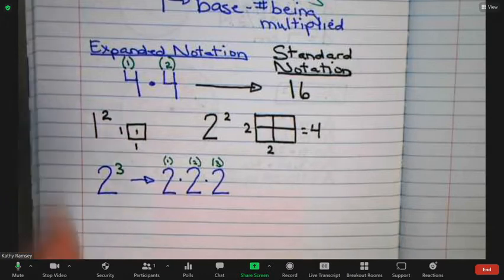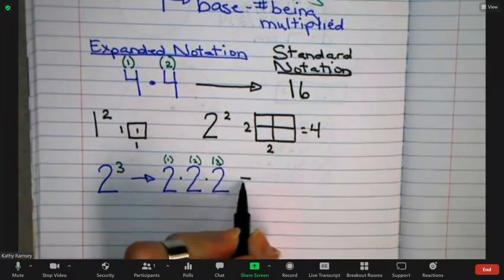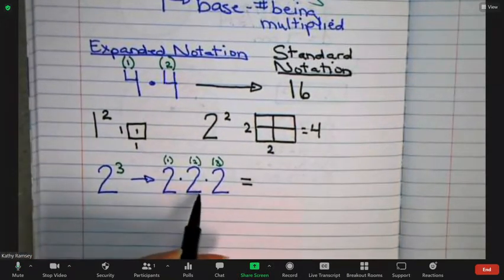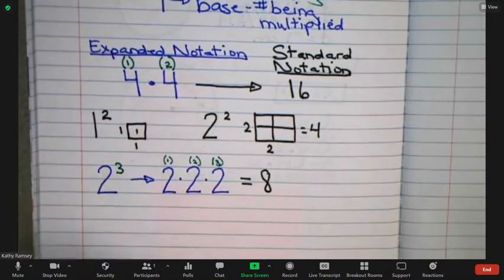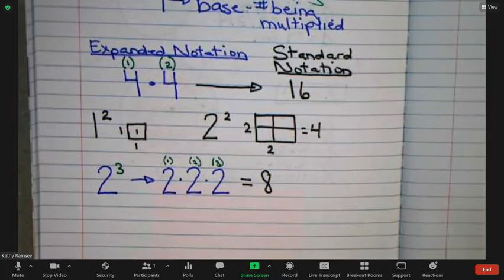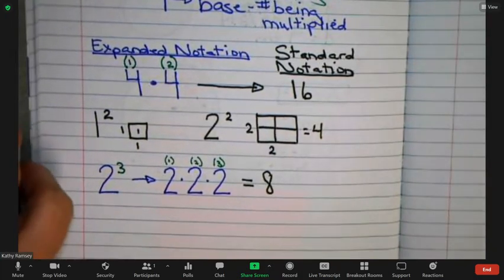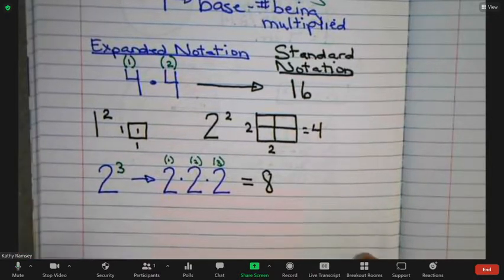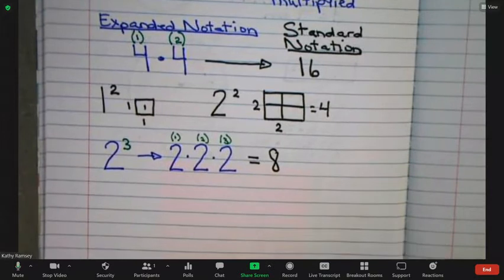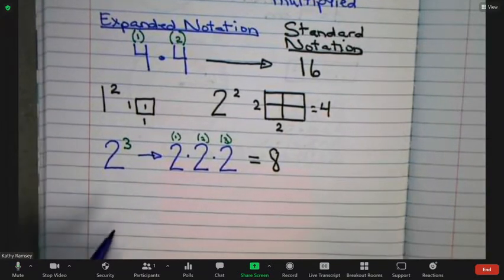And then that equals 2 times 2 is 4, times 2 is 8. Let's do one more example.